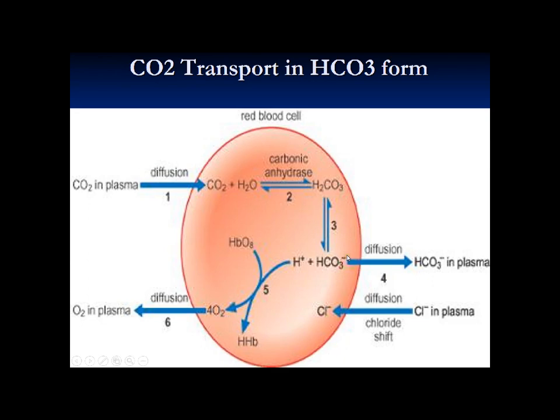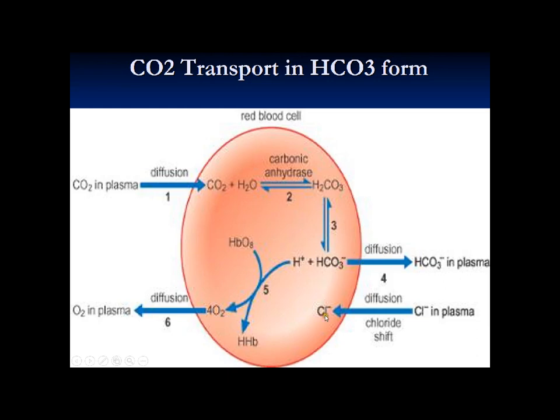So in place of the bicarbonate, chloride ions will enter, and this exchange of ions occurs through a specific protein channel called the band 3 ion exchange protein channel. Because the membrane is not permeable to bicarbonate, bicarbonate diffuses out through an open protein channel.